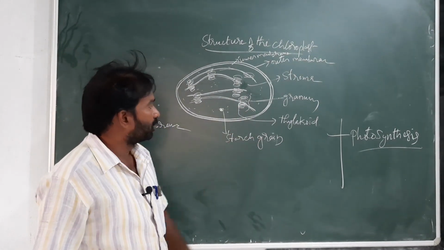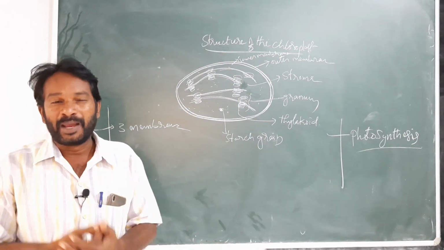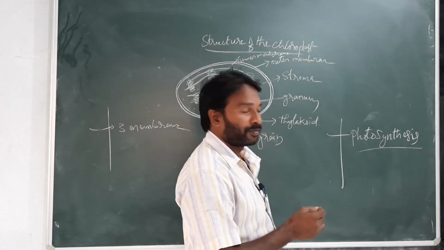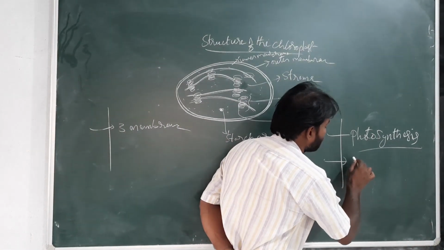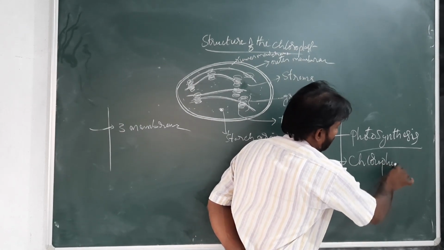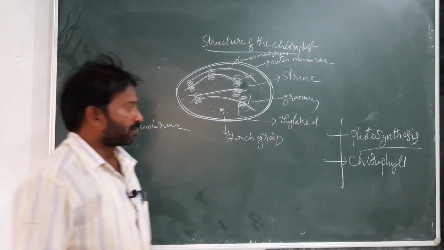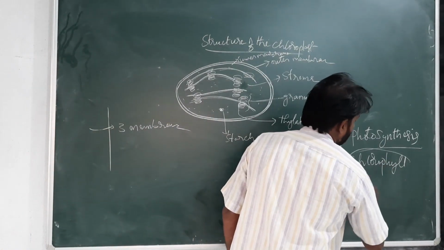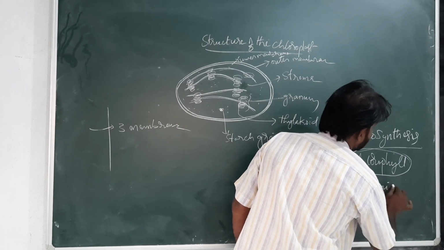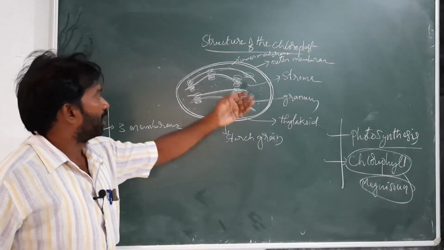Chloroplast contains green pigments. All plant leaves are green in color. Why? Because of the presence of a pigment called chlorophyll. In this chlorophyll pigment, one atom is also there, that is magnesium.